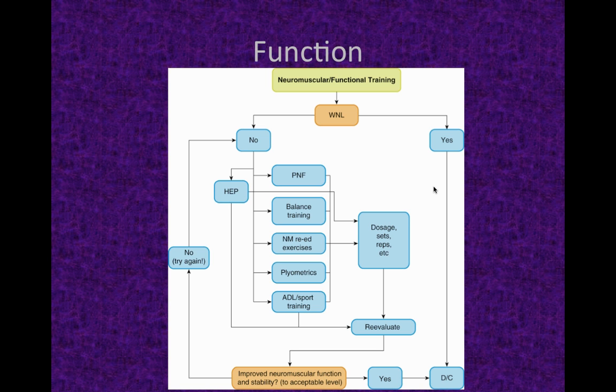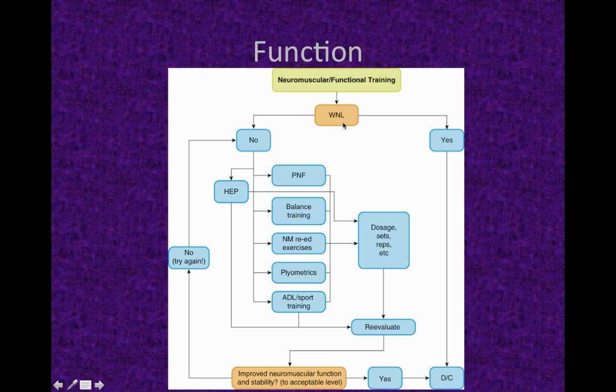Those are all lower level, more proprioceptive activities, but they still fall under this neuromuscular, motor control, motor performance type of exercises. And we're going to talk about that a lot more when we get into this actual function section.